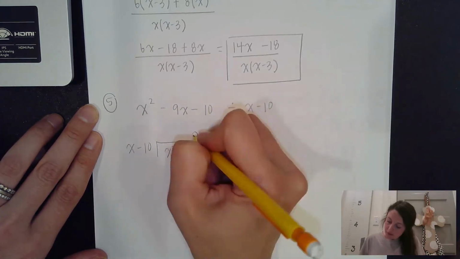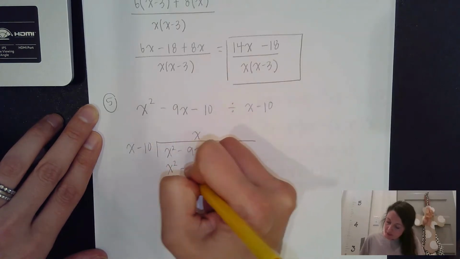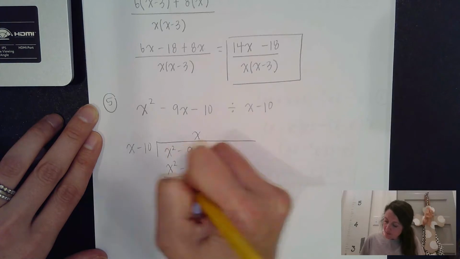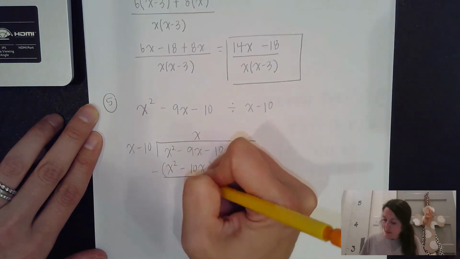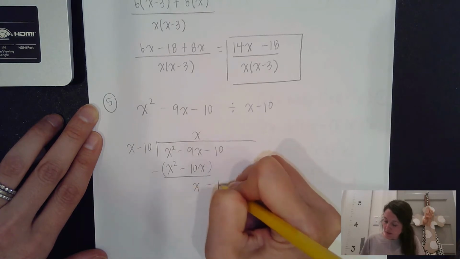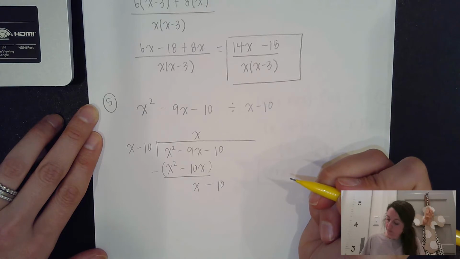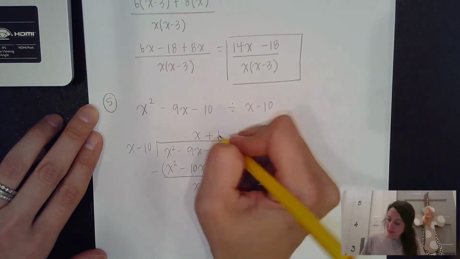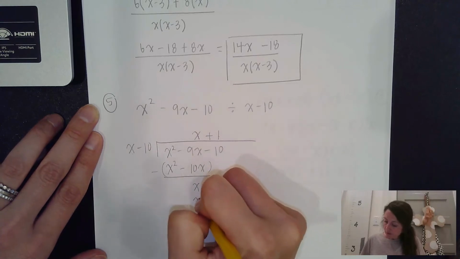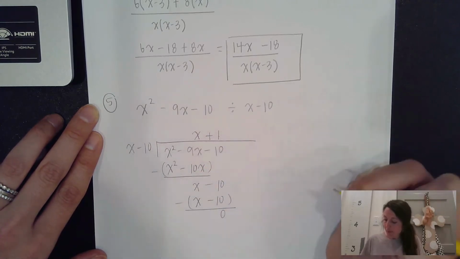So this will be an x times x is an x squared, x times a negative 10 is a negative 10x, and then remember we subtract these, so this will be a x minus a 10. So we'll just have a plus a 1, right? So that'll be an x minus a 10, and then when I subtract, I will not have a remainder.